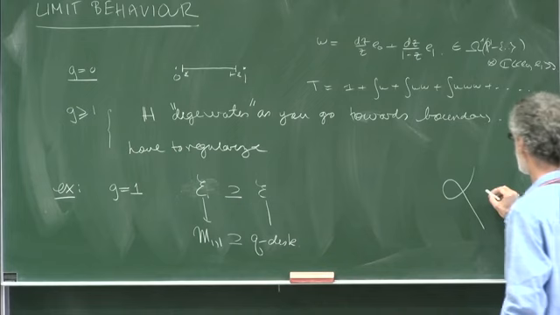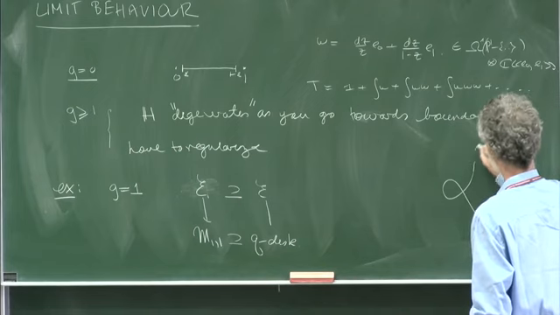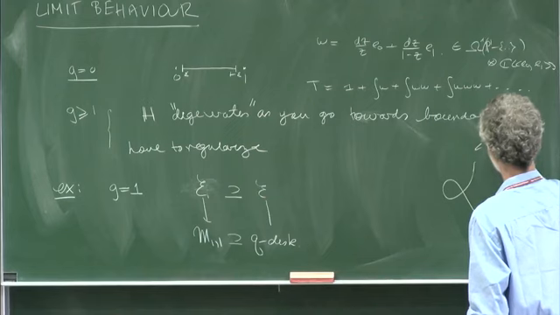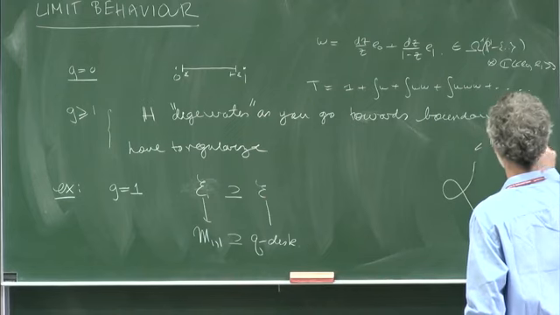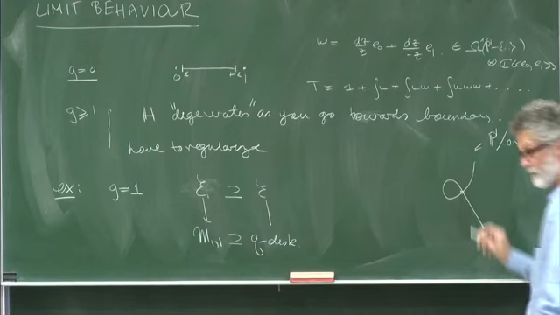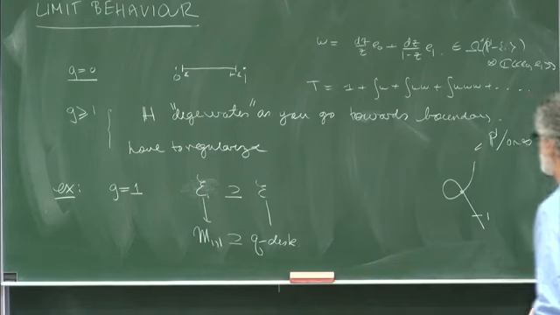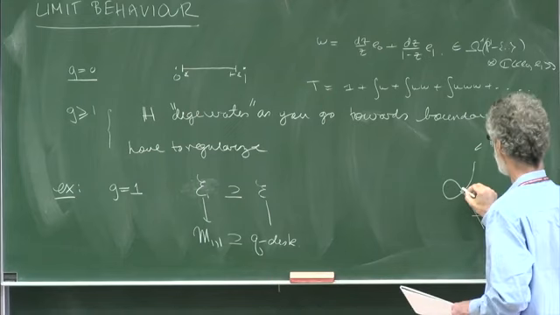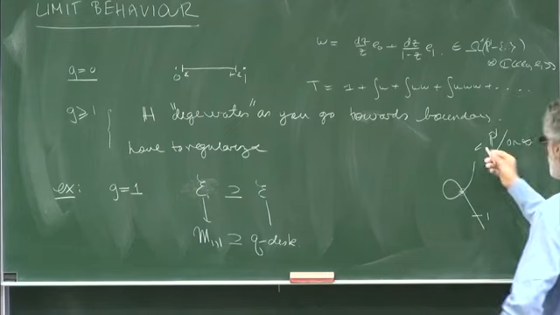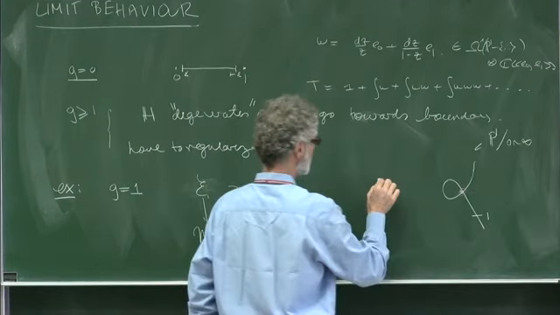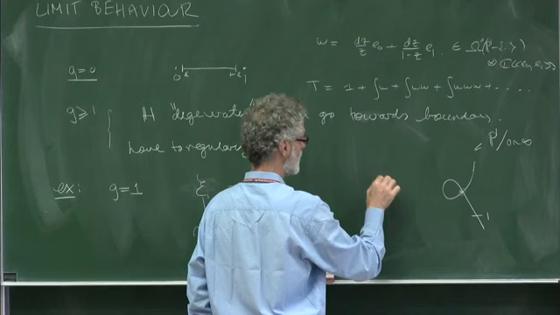So what's a nodal cubic? This is really equal to P1 with 0 and infinity identified if you choose coordinates correctly. And then you've also got the identity down here. And so if you remove this, well, okay, let's draw a topologist's picture here.